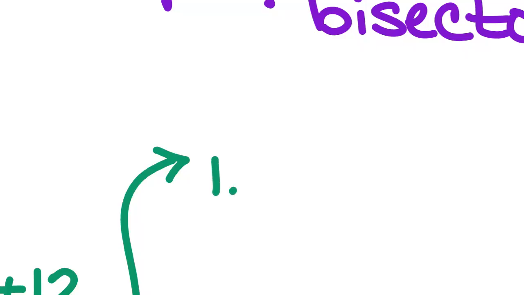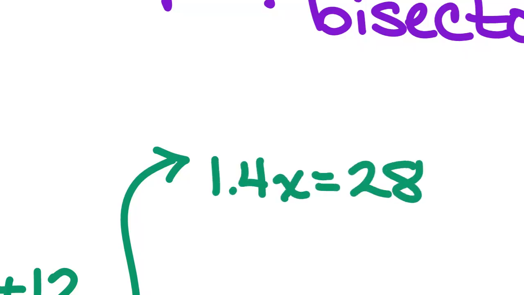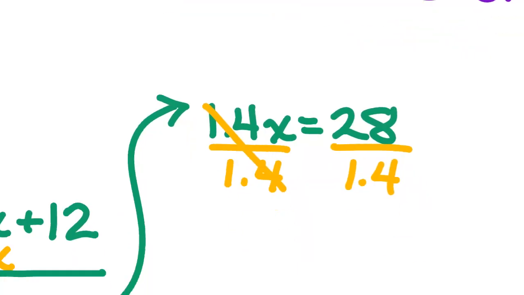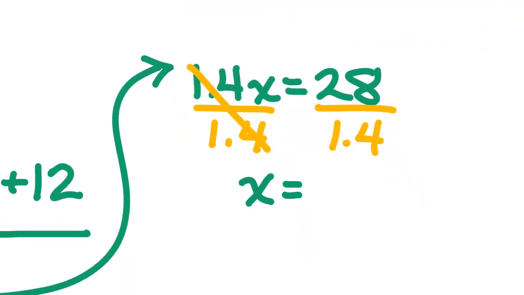So I have 1.4x equals 28. And then I divide both sides by 1.4. What is 28 divided by 1.4? 20. So x is 20. But that's not what they asked me for on this part of the question. What did they ask me to find? AB.